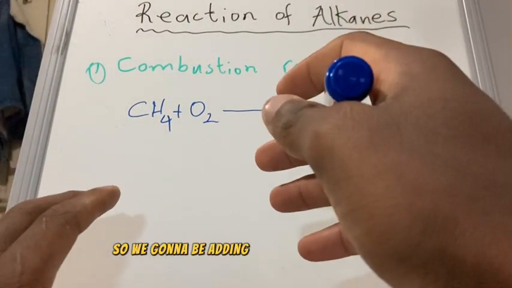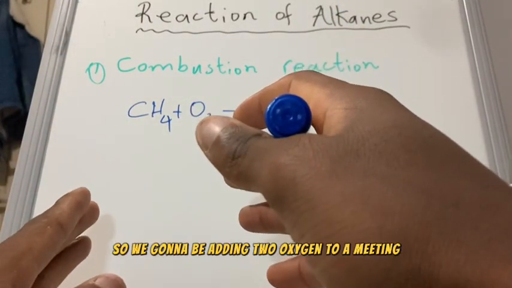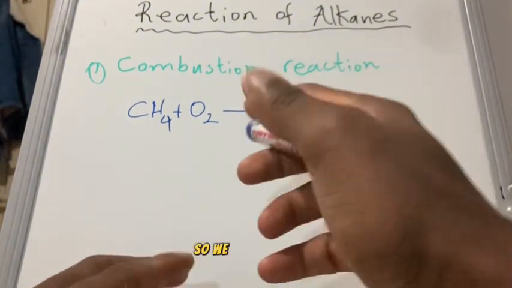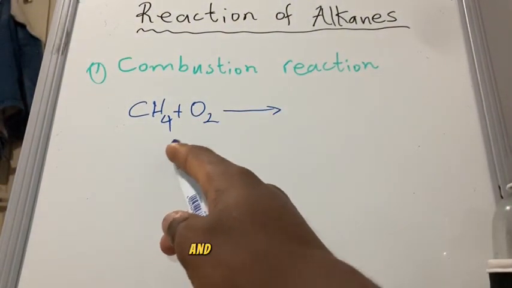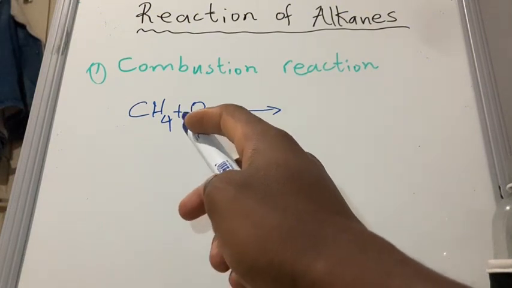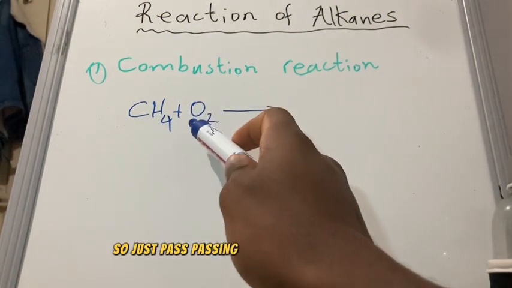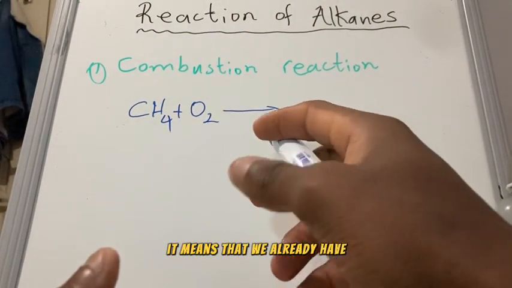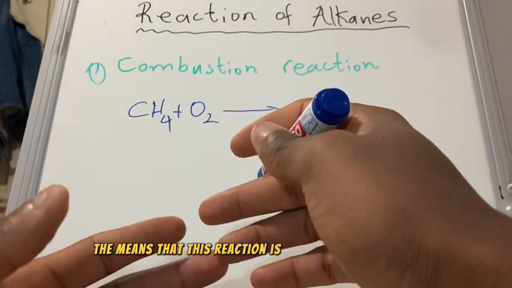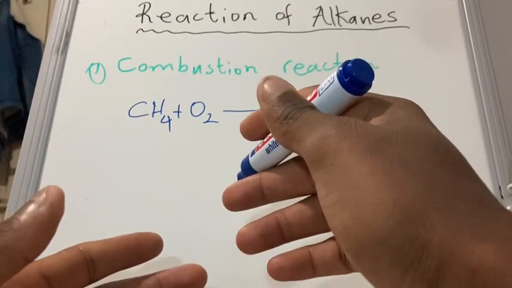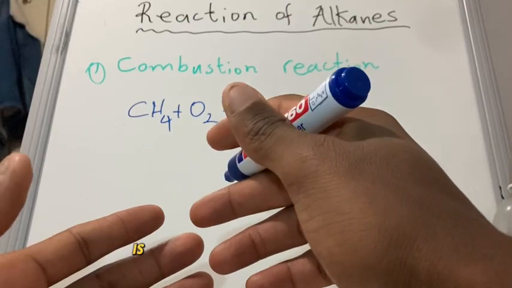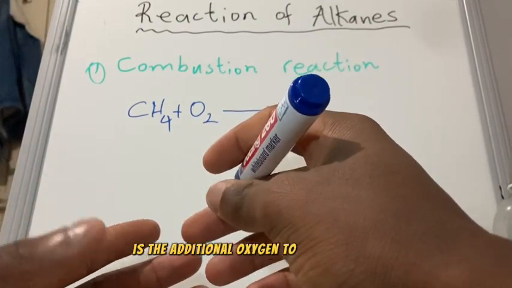We're going to be adding 2 oxygen to a methane to give us a combustion reaction. So we have a methane and we have an oxygen. Just by seeing oxygen adding to a methane, it means that this reaction is a combustion reaction.